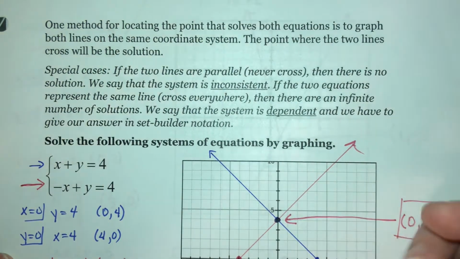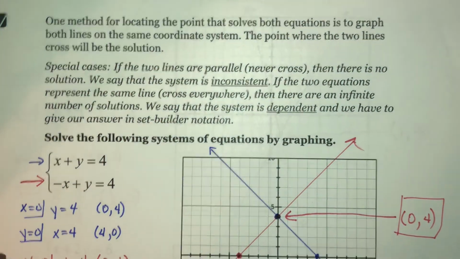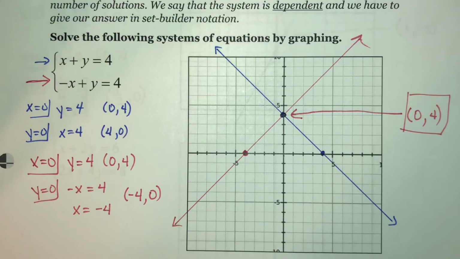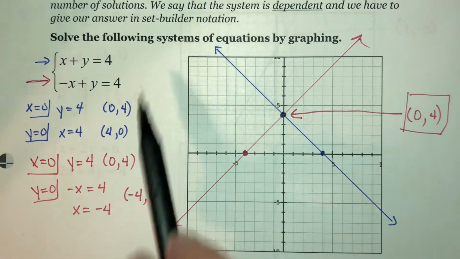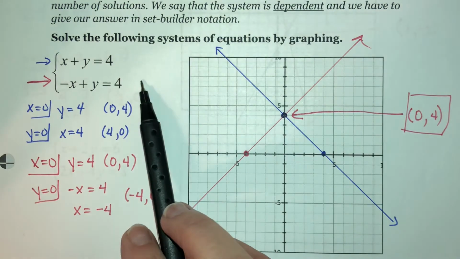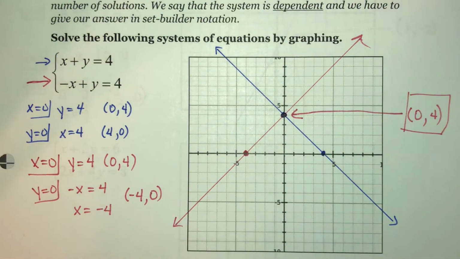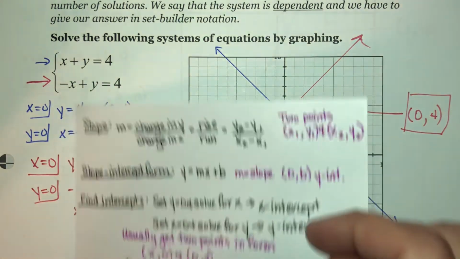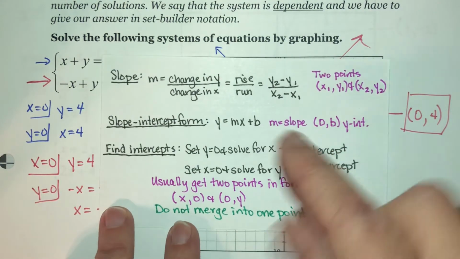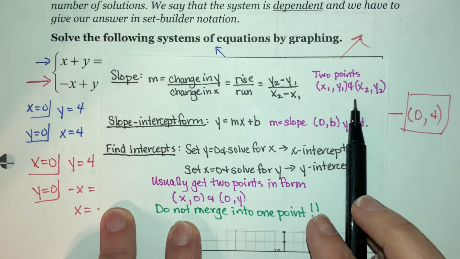Okay? Now, we did work one problem. Well, actually, I think we worked two. And what we did is we graphed these two equations, and we found out where they crossed. Now, I'm going to remind you a little bit about how the things we have to graph. Remember your slope formulas?